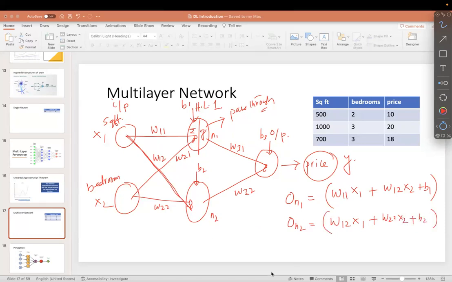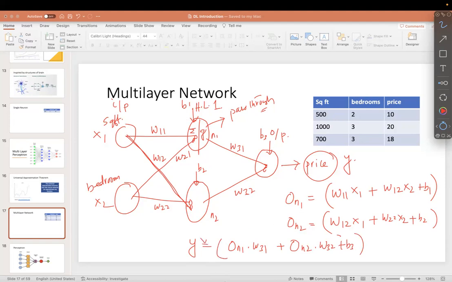Right. So first it transforms to some intermediate outputs, ON1 and ON2. And now my Y function here would be nothing but my ON1, the output, multiplied by W31, plus ON2 multiplied by W32, plus B3.